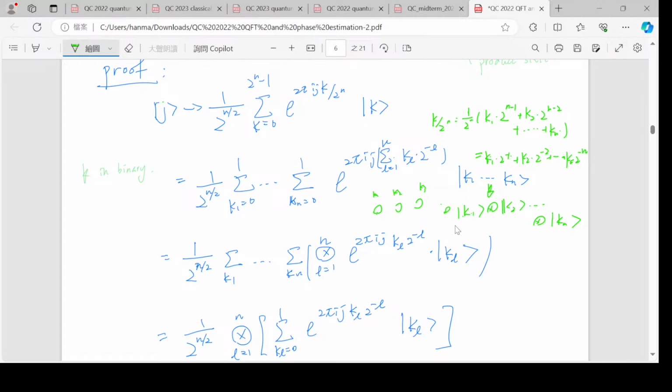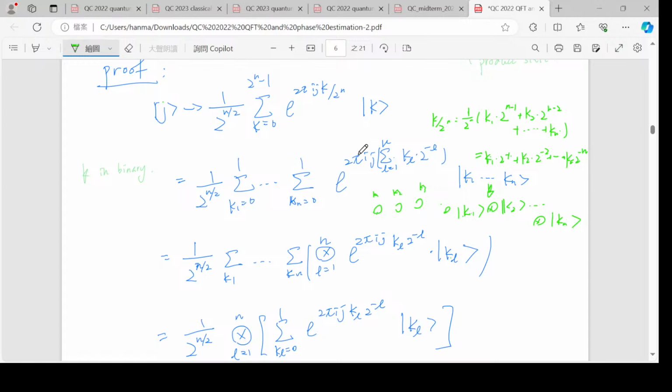So you have n terms in a tensor product with each other, with the phase vector only depending on kl, and then you have this one bit depending on kl. Okay. So k1, k2 to kn, and here k1, k2 to kn. Okay. The vector we have here is e to the 2 pi i kl 2 to the minus l.